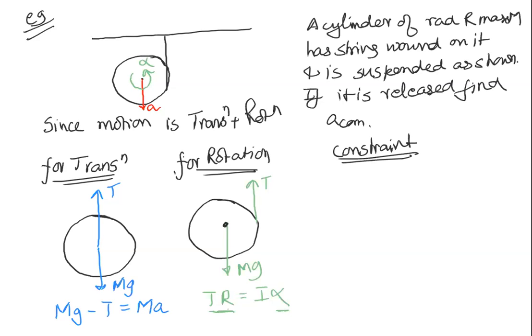What the string constraint says is that any 2 points on the string must have the same acceleration in the same direction. If they don't, then obviously either the string is going to break or it is going to go slack. So they must have the same acceleration.